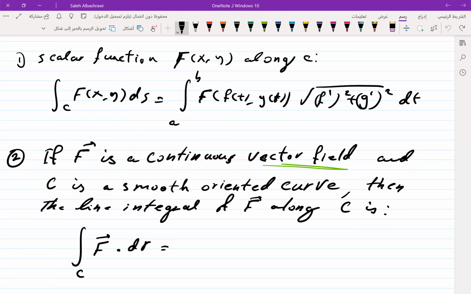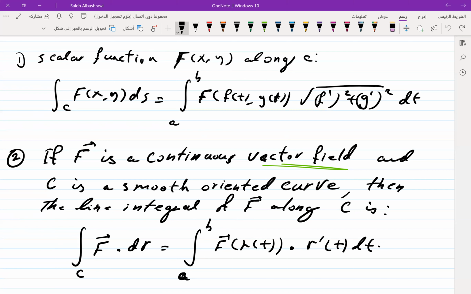It is F dot dr, or it can be written as the integration from a to b of the function F of r of t dot product with the derivative r prime of t. So if we have a vector function, then we are using the dot product to evaluate a line integral.